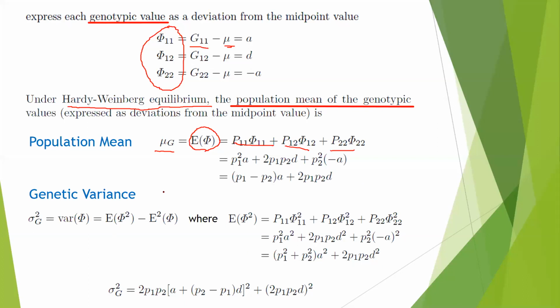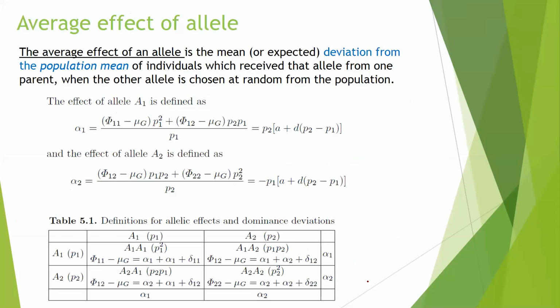And not only do we learn how to calculate the expected value, we can also calculate the variance of a random variable, right? So we use the formula to calculate the variance of the genotypic value, which can be expressed using this formula. And we also learned the average effect of an allele. Here we talk about a biallelic population.